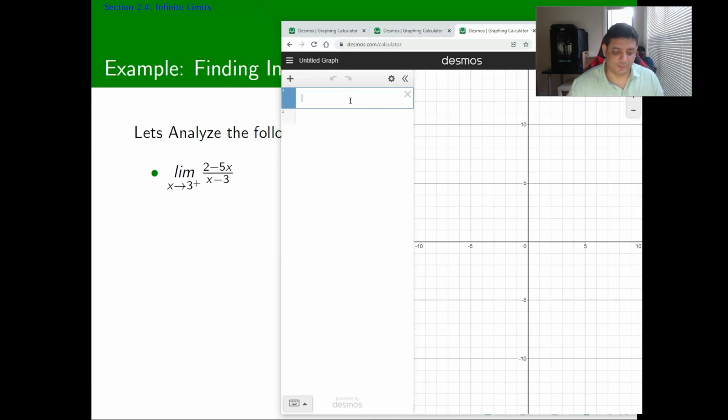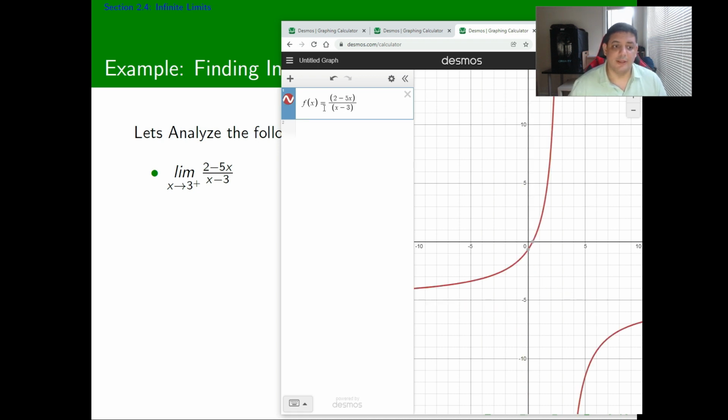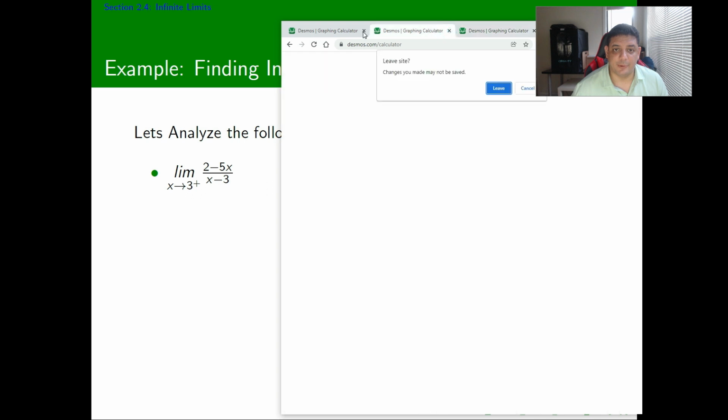And so first, we're going to use the function f of x equals 2 minus pi x divided by x minus 3. Okay, so this is going to be my function, and we are curious in seeing what's going to happen when we approach 3.